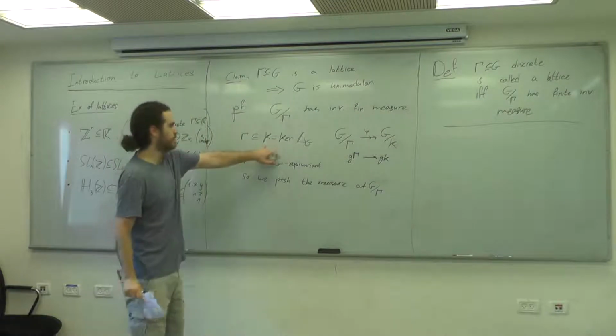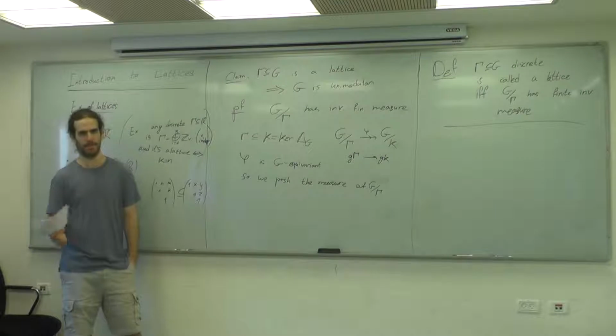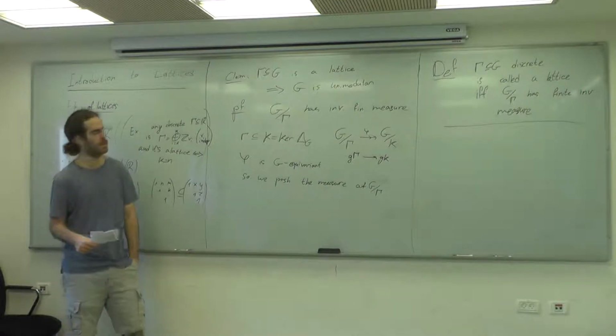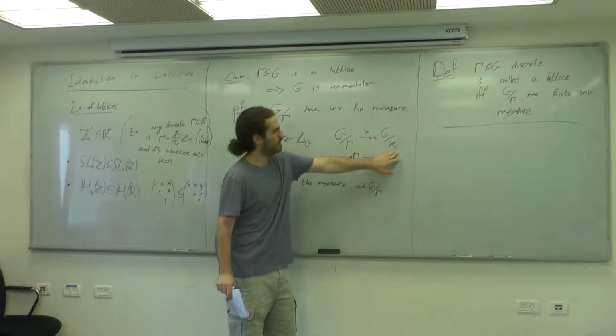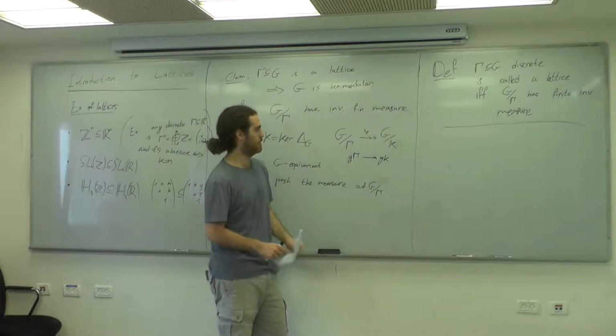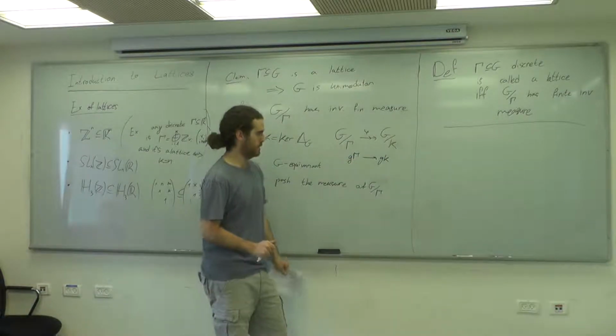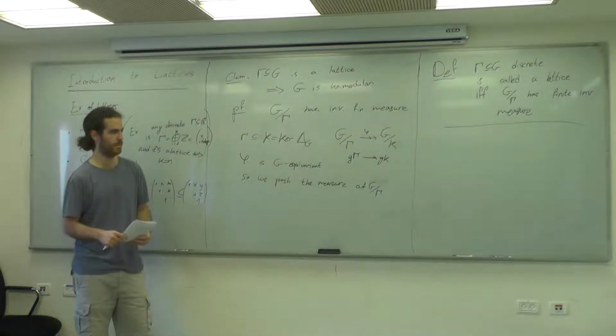K is normal in G, so the quotient is a group, and the measure we obtain is invariant to translations, and it's Radon, so it must be the Haar measure of G mod K.